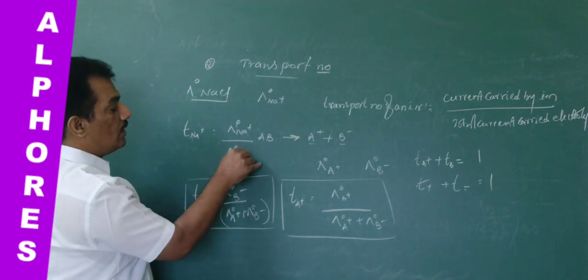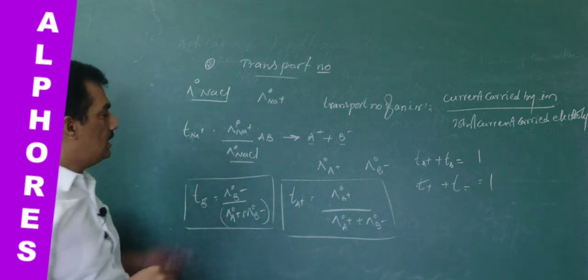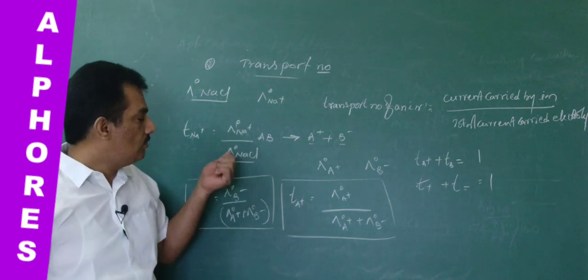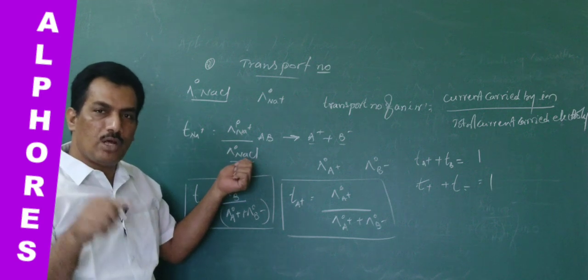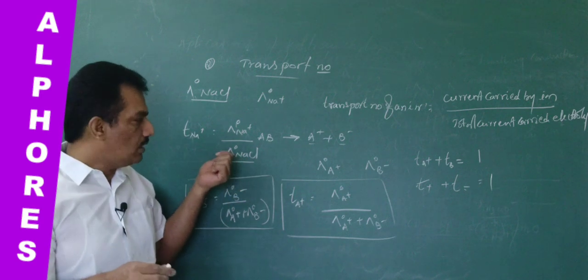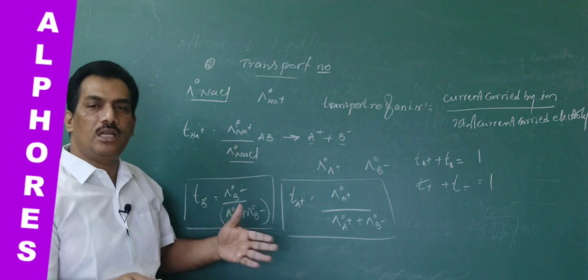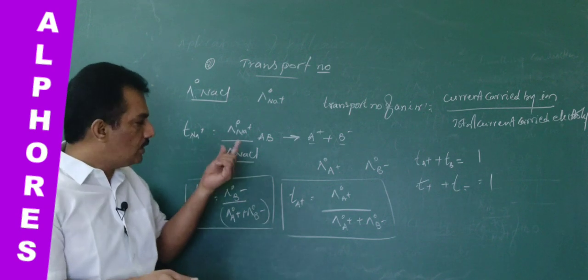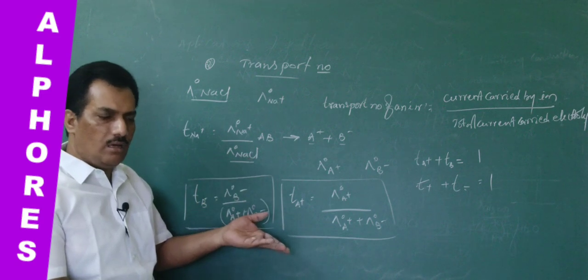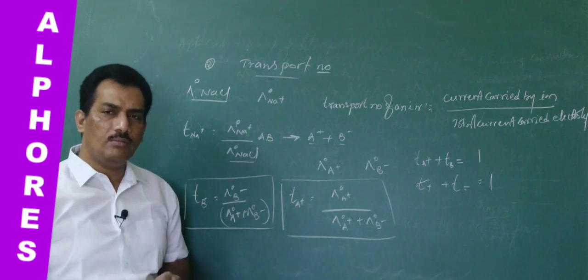And when you are taking this lambda naught NaCl, what are you using? What is lambda naught NaCl? Lambda naught Na plus plus lambda naught Cl minus, nothing but the sum of conductances of the ions equal to this electrolyte. There automatically we are using Kohlrausch law.